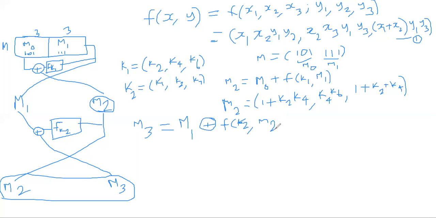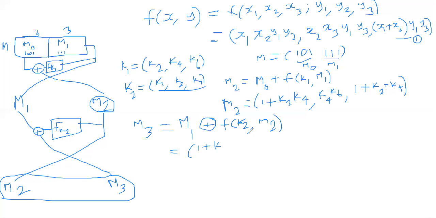We don't know the actual values of K2, we don't know the 3 bits. And we will have another equation, which is, if you simplify this, we get 1 plus k2, k4. And let me clear this. It's not k2, k4, sorry. It is more complicated: 1 plus k1, k2.